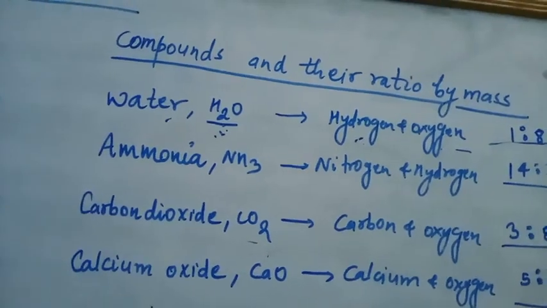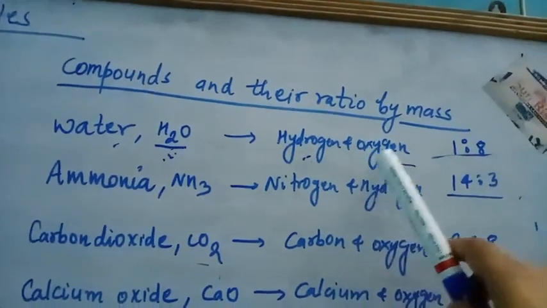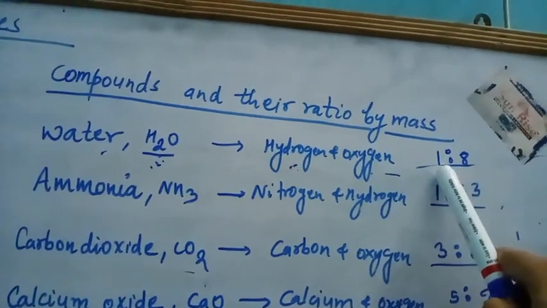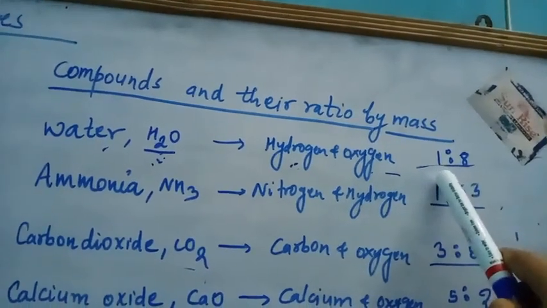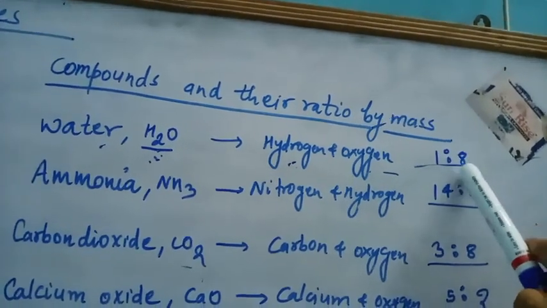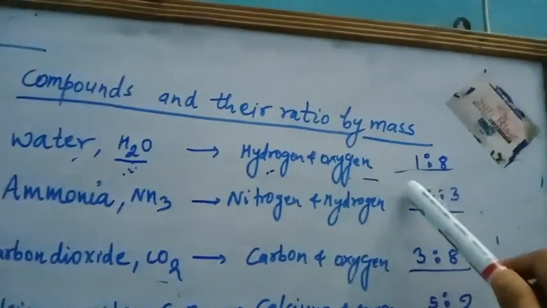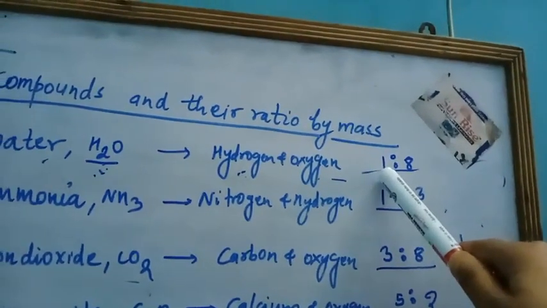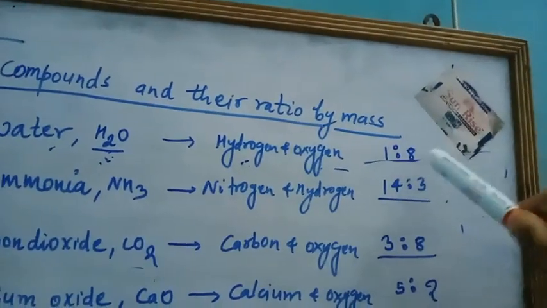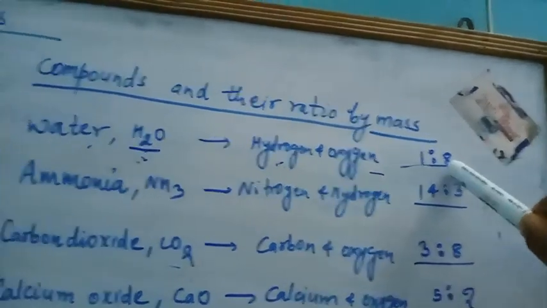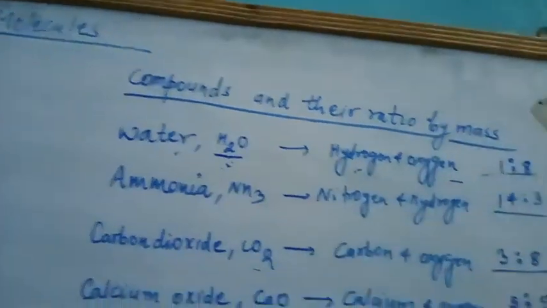Okay? That means 1 gram of hydrogen combines with 8 grams of oxygen to form 1 mole of water, or 1 AMU of hydrogen reacts with 8 AMU of oxygen to form 1 molecule of water.